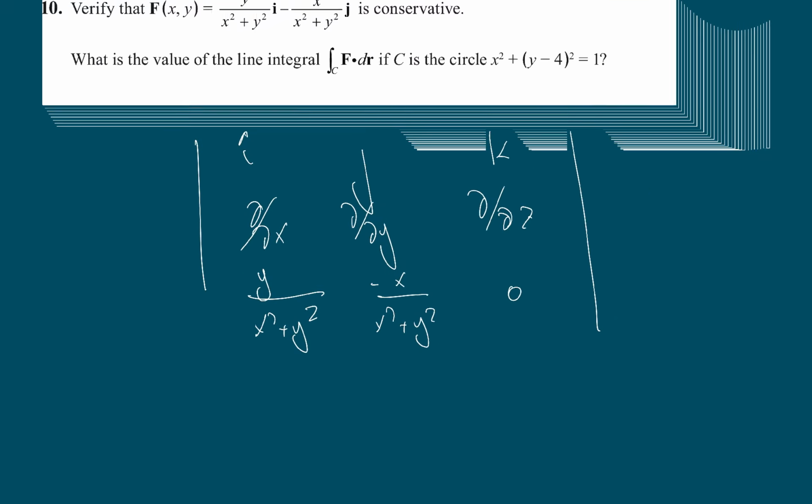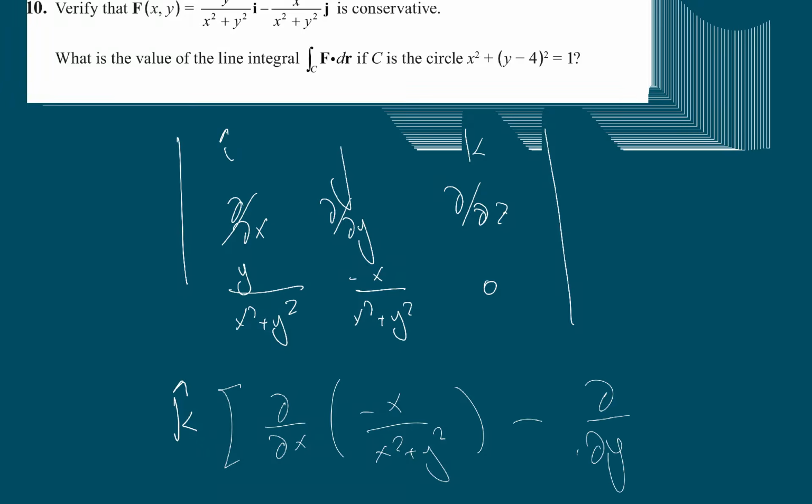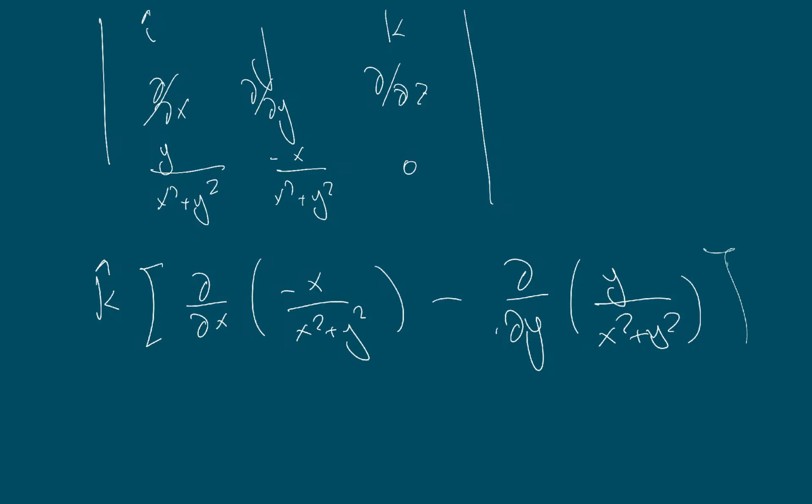So we check only the k component: the partial with respect to x of minus x divided by x squared plus y squared, minus the partial with respect to y of y divided by x squared plus y squared. If this is 0, the field is conservative.